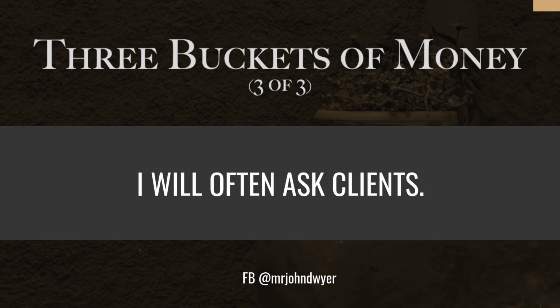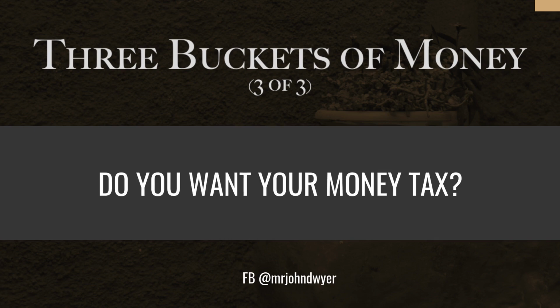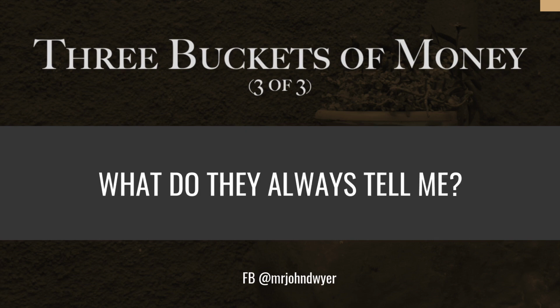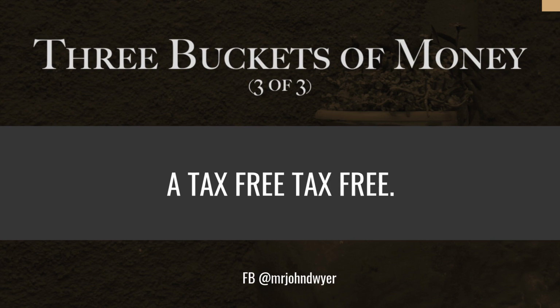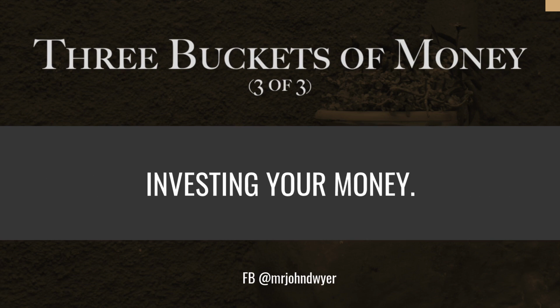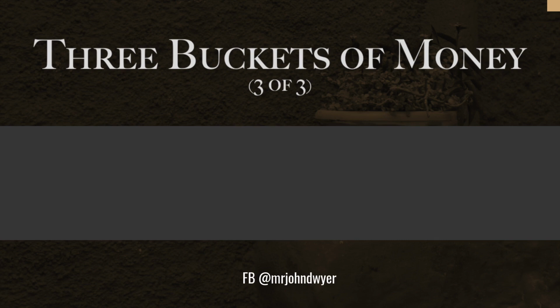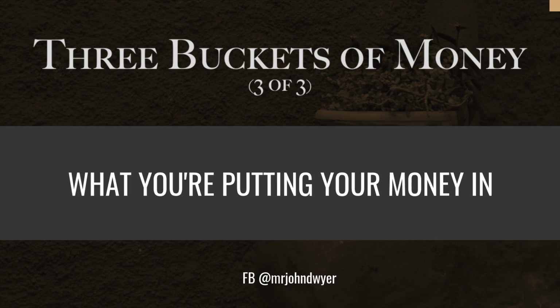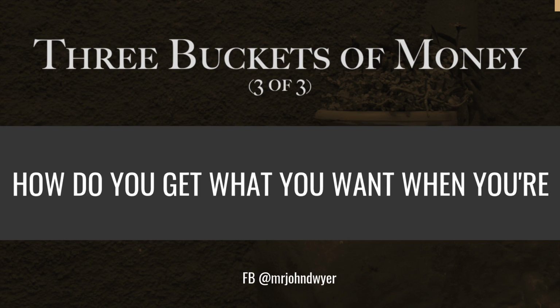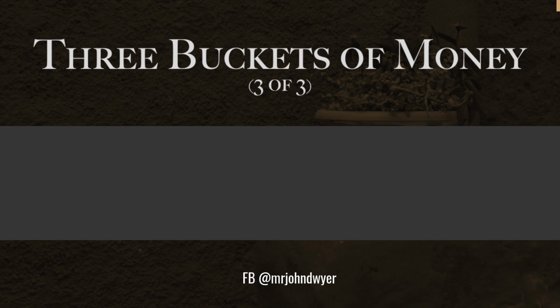I will often ask clients, do you want your money taxable, tax deferred, or tax free? What do they always tell me? Tax free. And then I'll say, take a step back and look at where you're investing your money. If you want tax free, but you're putting your money in all the other places that are not going to arrive at that conclusion, how do you get what you want when you're starting out with the wrong premise?